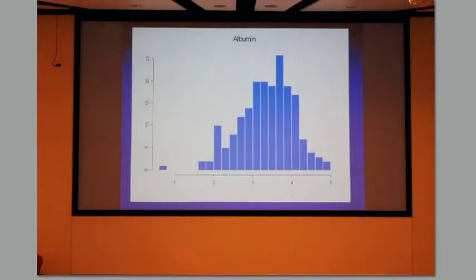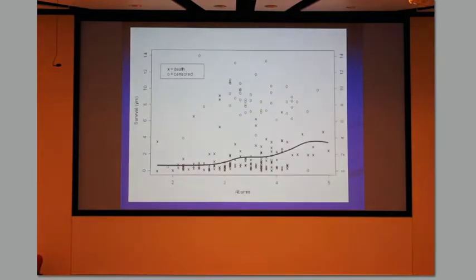And then we have some numerical variables. For example, there's albumin. Again, it has a roughly bell-shaped distribution. It has an outlier on the low side. And it has a relationship with survival. Unlike age, as albumin increases, survival gets better.